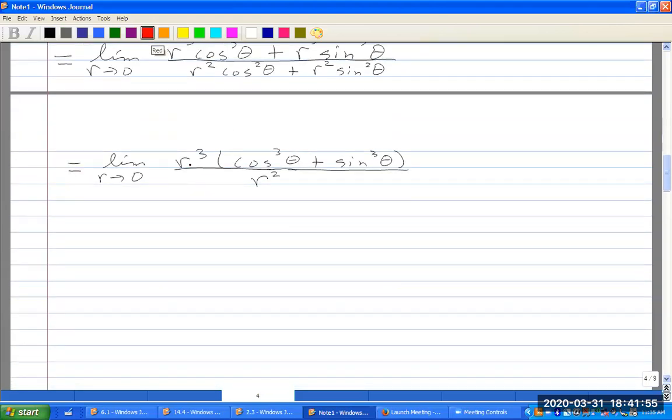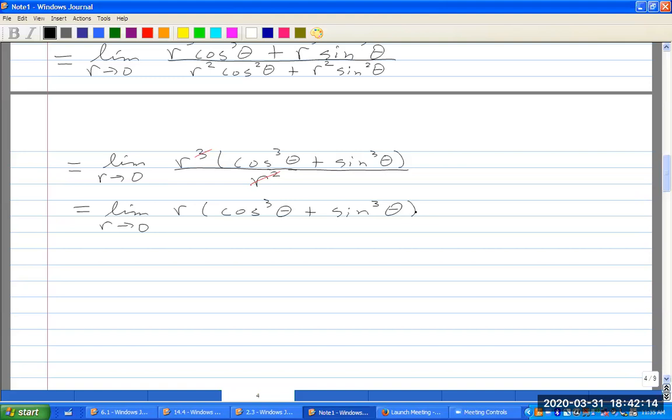And so let's cancel out 2 of the r's. And so I just get the limit as r goes to 0 of r times cosine cubed theta plus sine cubed theta.